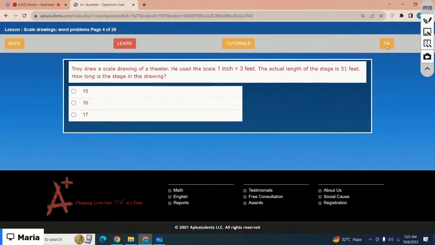You need to see how long it is in the drawing. It is 17 inches in the drawing, right? The correct option is 17. Very good.